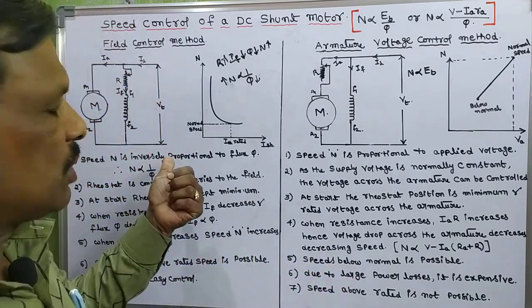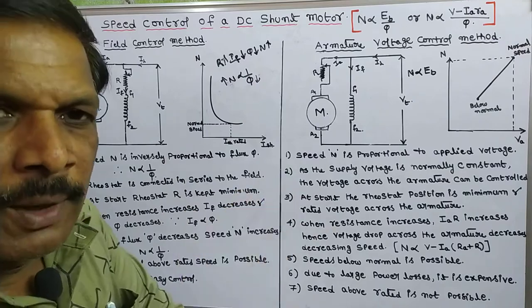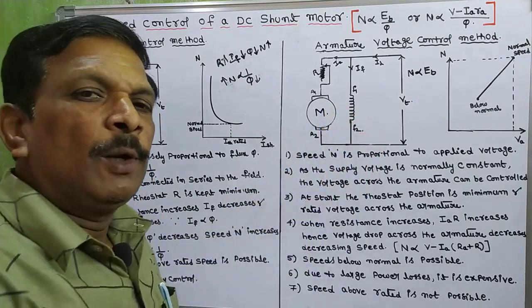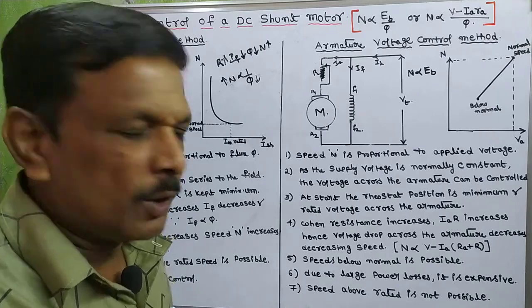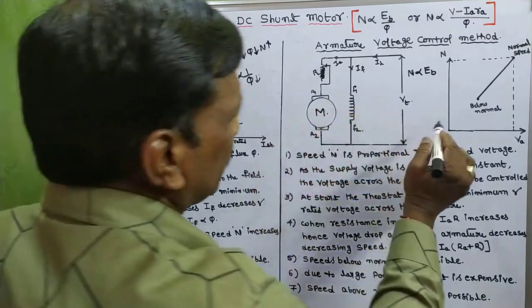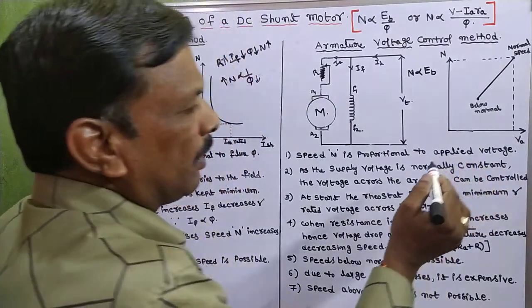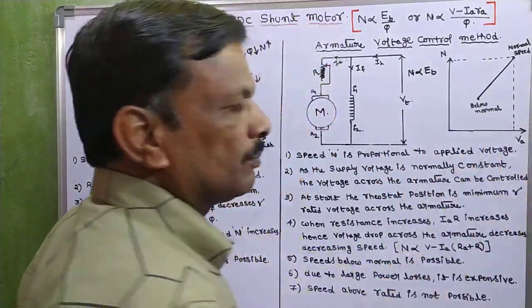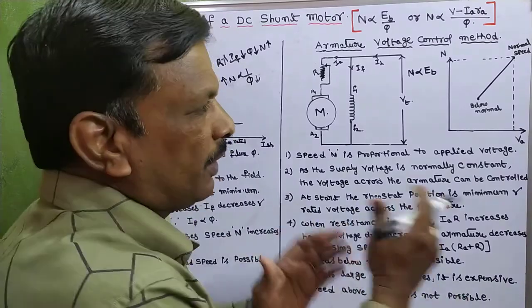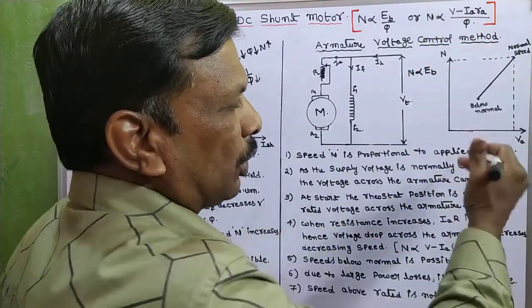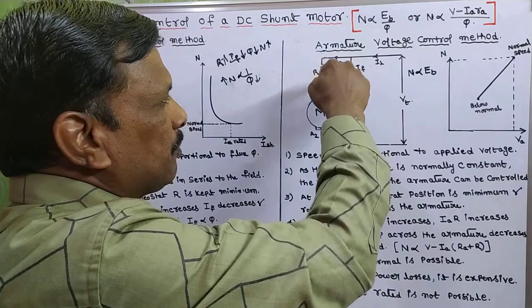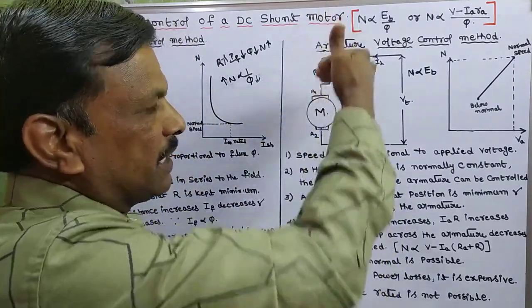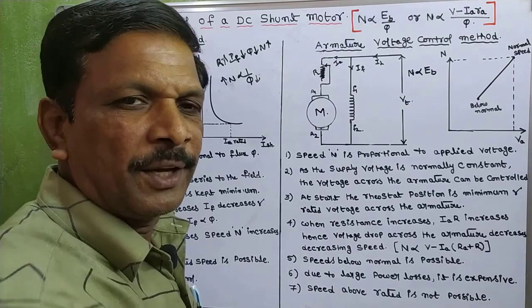So flux control method gives above normal speeds and armature control method gives below normal speeds. This is the graph. When we increase the drop by varying the resistance, the drop will increase.